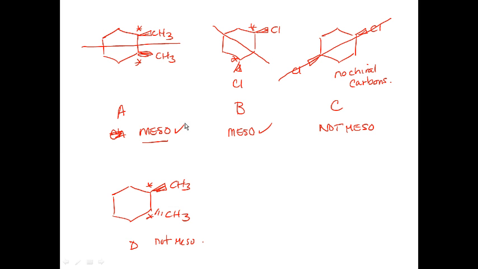Do they have the internal mirror plane of symmetry? Now, either way, if you have a meso compound, the meso compound has 0 degrees of rotation. It does not rotate plane polarized light. Because it's superimposable on its mirror image, therefore meso compounds aren't chiral.